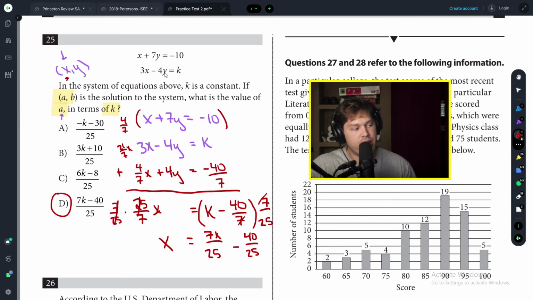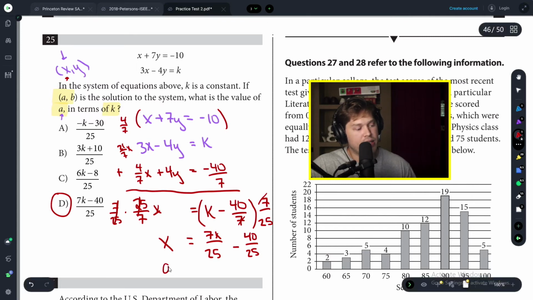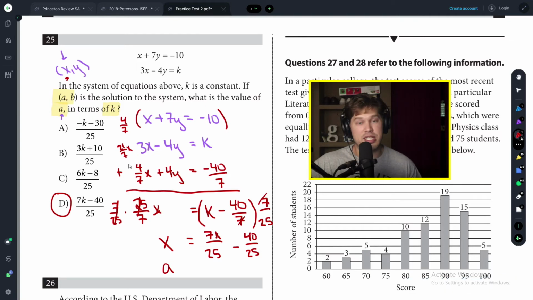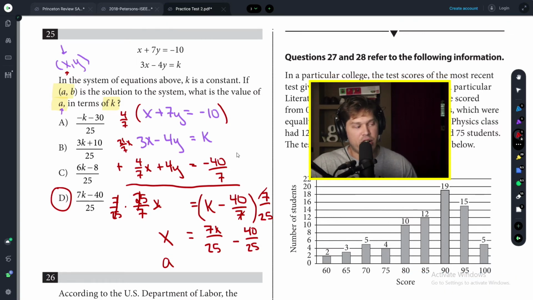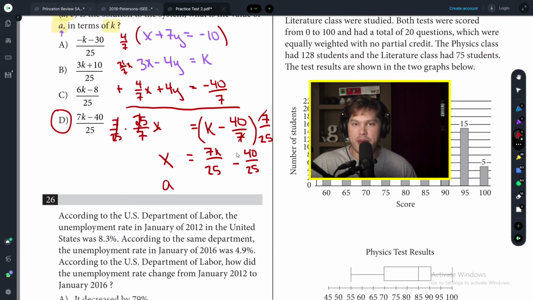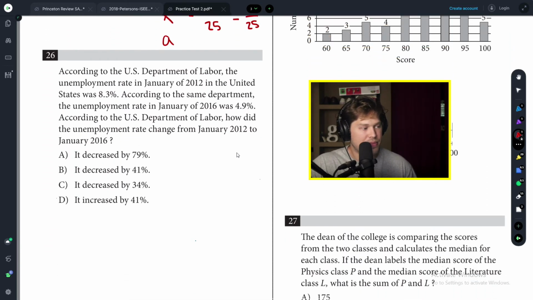So we eliminated our y, and then we solved for x. Okay, and once we solved for x, we had x in terms of k, and x is really a. X and a are the same thing here. So this problem was a doozy. I mean, it doesn't get any harder than that. So if you solve that problem, excellent job.